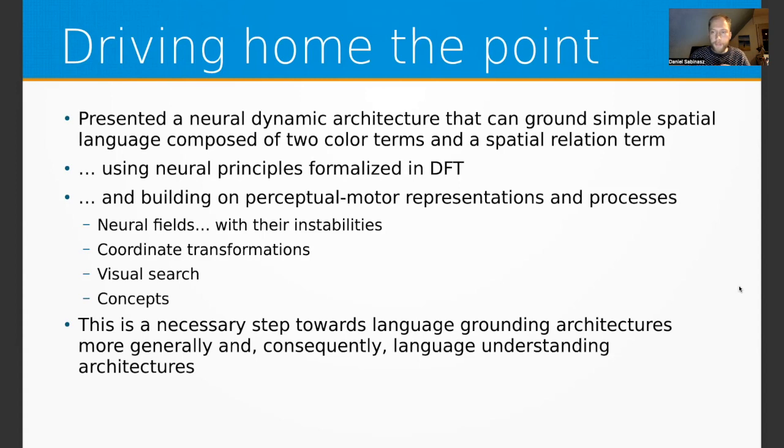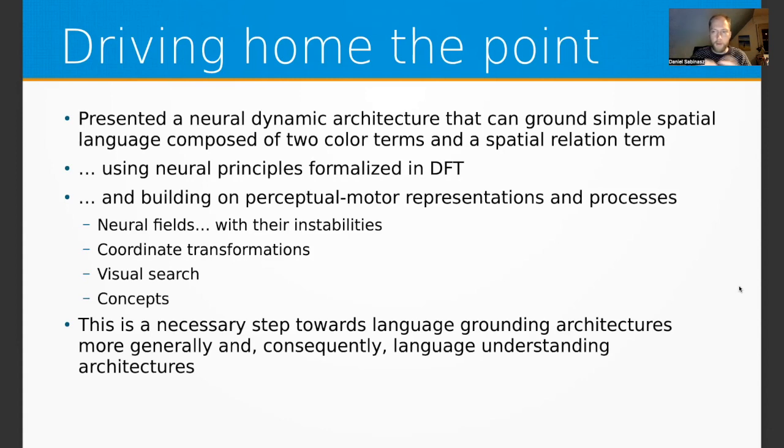And that architecture has been built using the neural principles formalized in DFT, and does in fact build on perceptual motor representations and processes in accordance with the grounded cognition stance. So it's built out of neural fields with the various instabilities. It employs coordinate transformations using the same neural mechanisms that are also used in reference frame transformations of non-linguistic cognitive capacities.